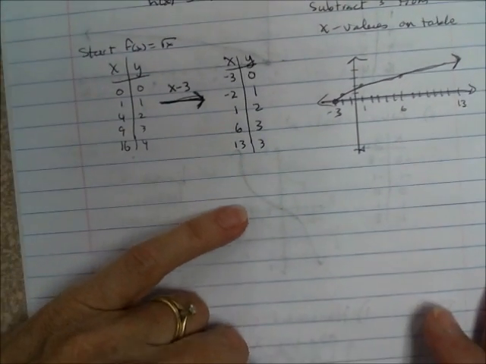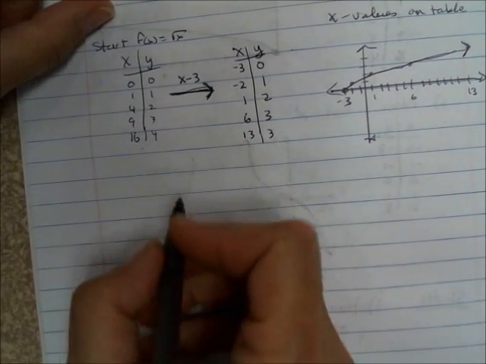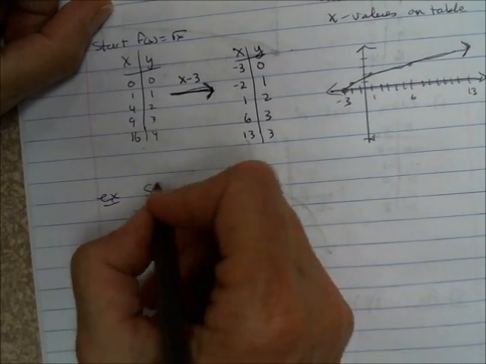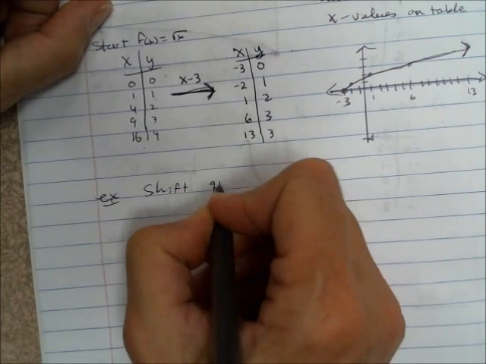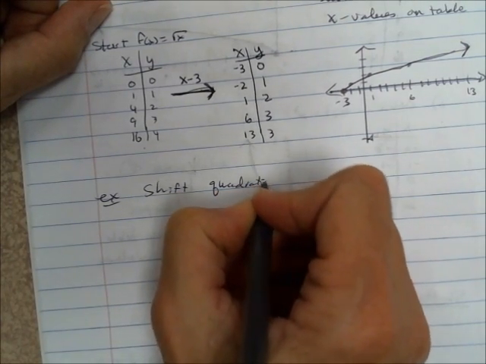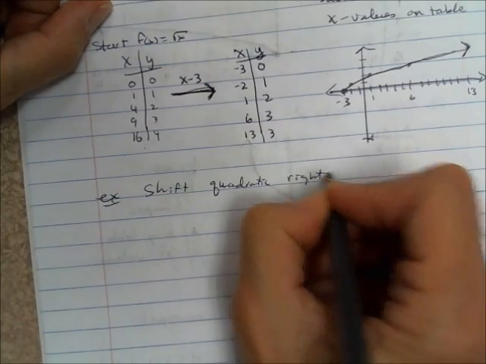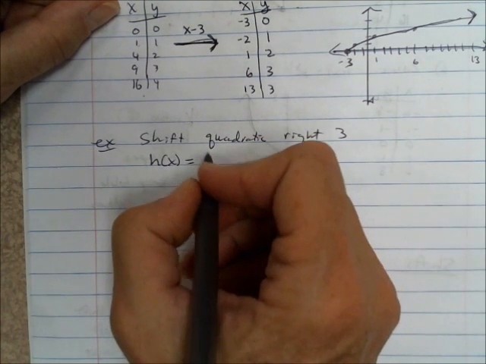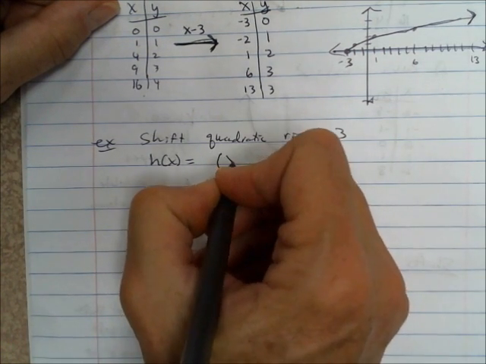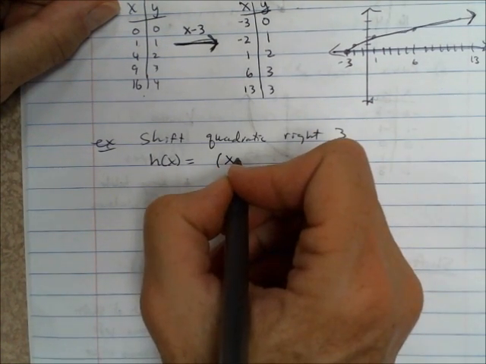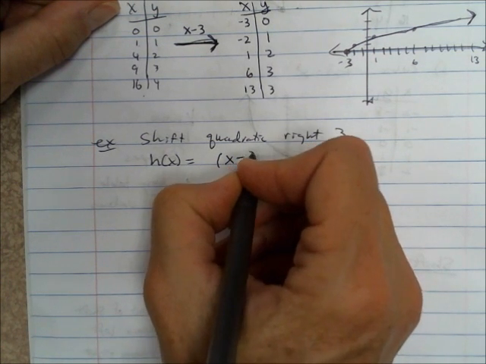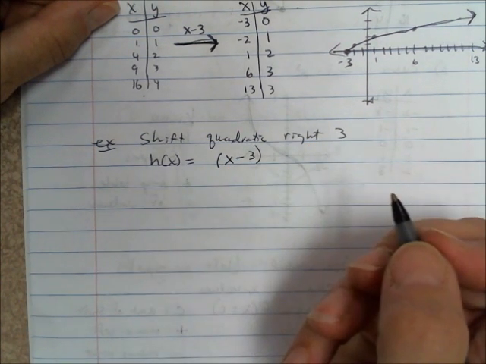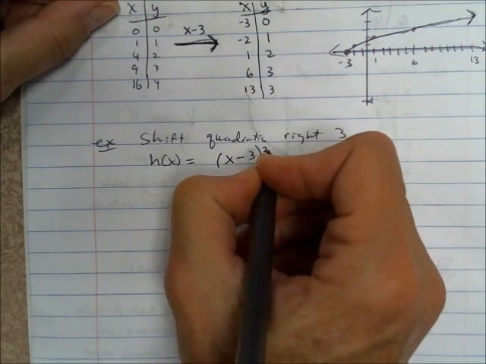Let's do a right shift of a quadratic. Here's our second example. Let's shift a quadratic right 3. So what would that function look like? Well, h of x is equal to, well, the quadratic function is x squared. So if you want to go right 3, it's going to be x minus 3 and then square it.